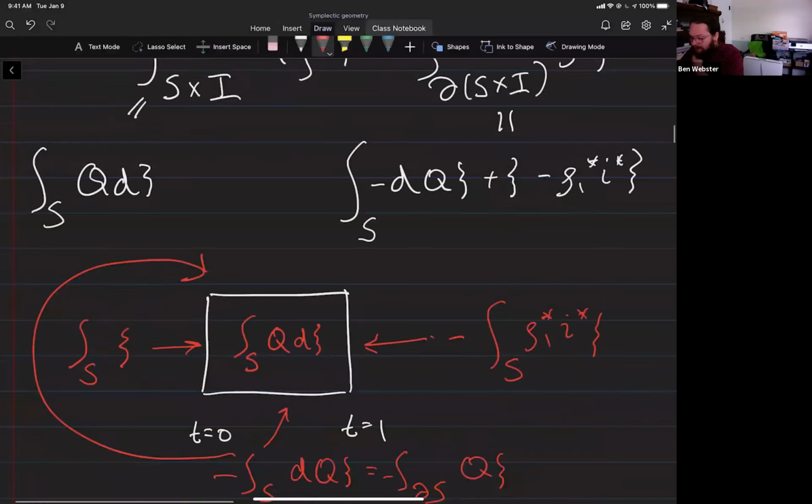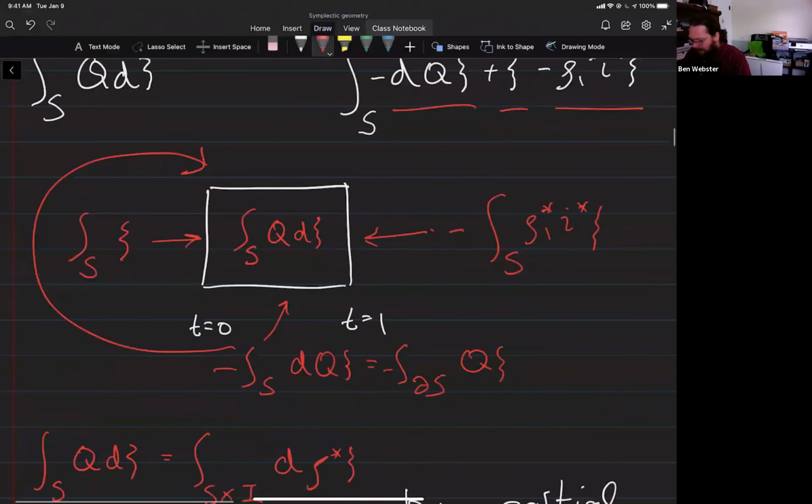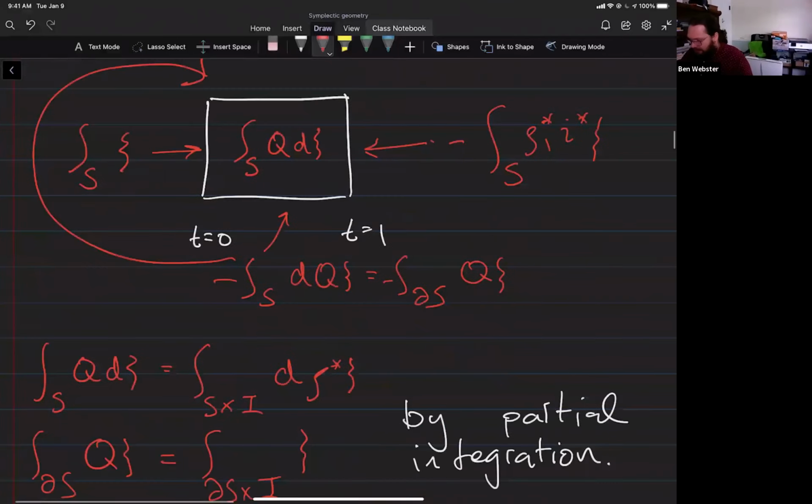On the other hand, I can apply Stokes' theorem and integrate over the boundary. And the boundary comes in three pieces. There's the copy of S sitting over 1, there's the copy of S sitting over 0, and then there's the copy of the boundary of S sitting over the whole interval. And those pieces separately give me the terms C, this weird pullback, and then the other half of the homotopy minus D, Q, C. And there's a kind of picture illustrating this.